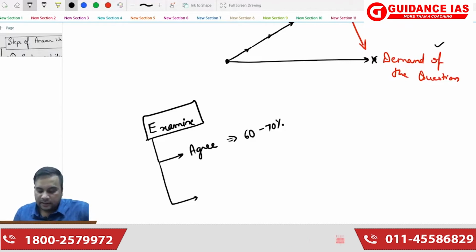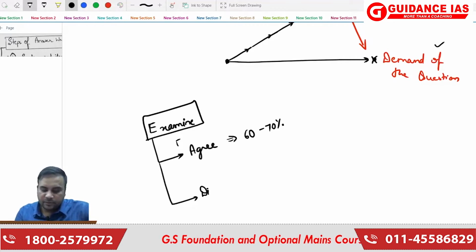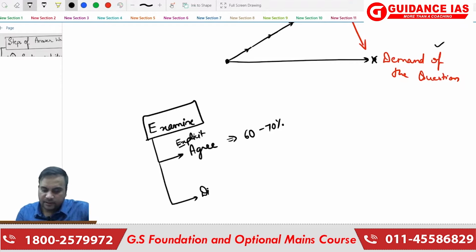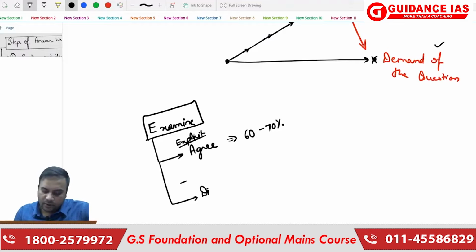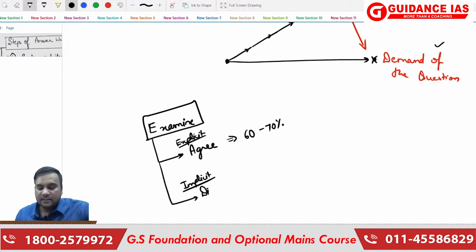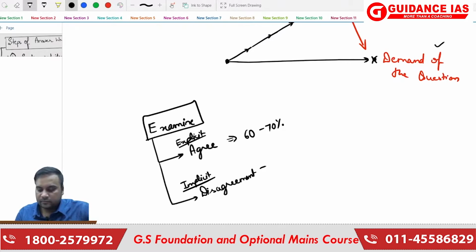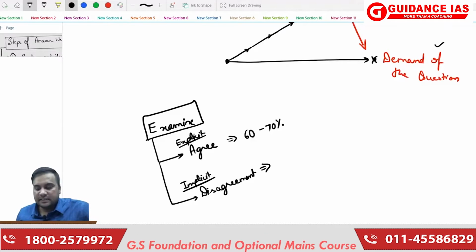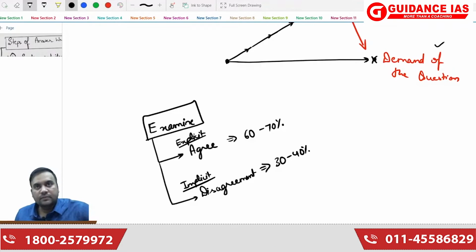But there is also implicit, this is explicit. Abhi main ye sare words samjhaunga, you just wait for that, just I am giving an example. Explicit, but there is also an implicit element, and this is your disagreement. And this disagreement can vary from 30 to 40%.